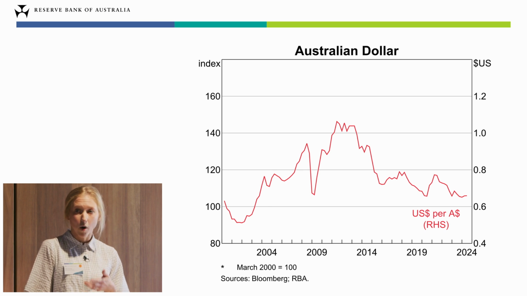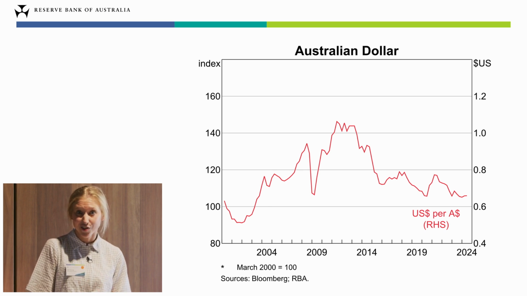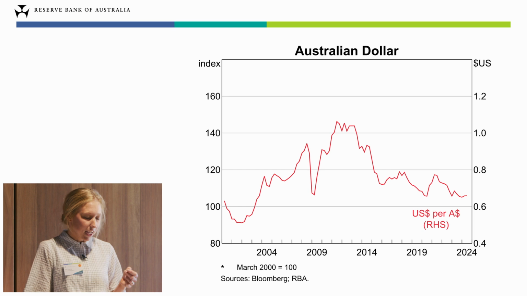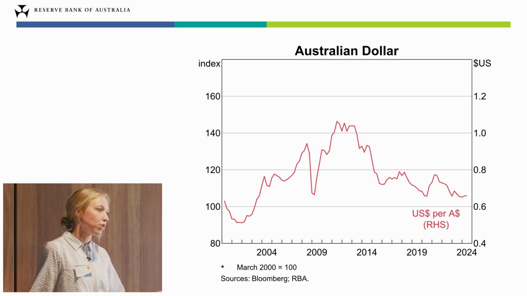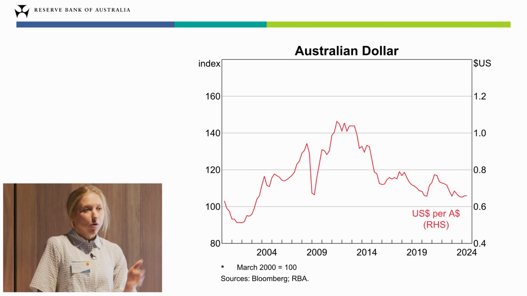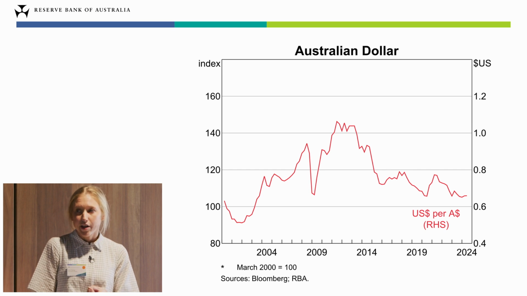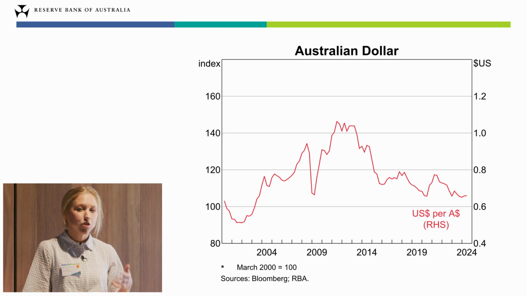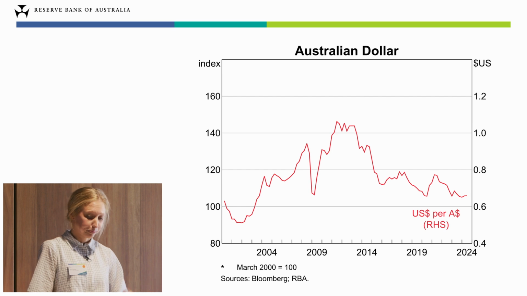At the moment, one Aussie dollar will get you about 67 US cents. If the Aussie dollar was to appreciate, you'll be able to buy more US dollars. So one Aussie dollar will get you 70 US cents. Now, although the Aussie US dollar rate is extremely important, it only actually tells us a part of the story.